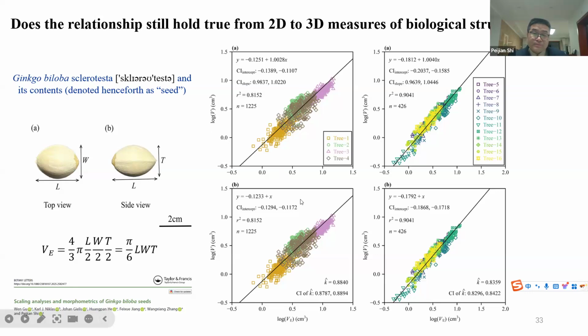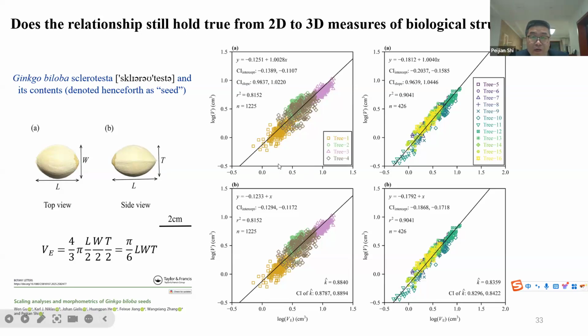We checked the relationship between the theoretical volume, like this VE, and the observed volume using water replacement based on the cylinder.